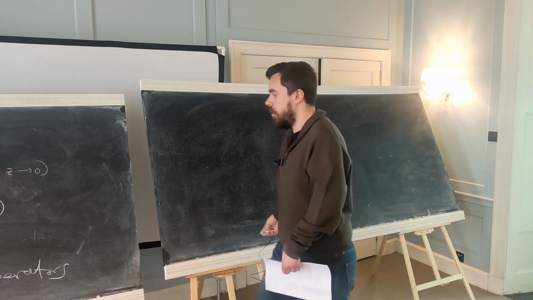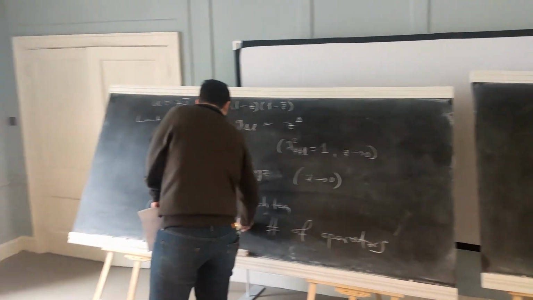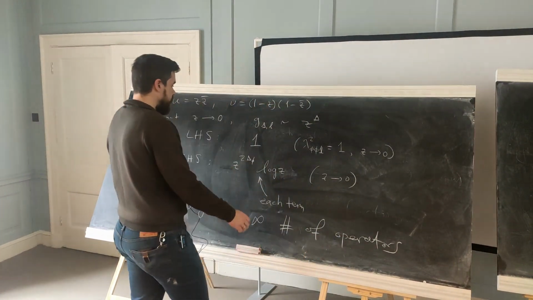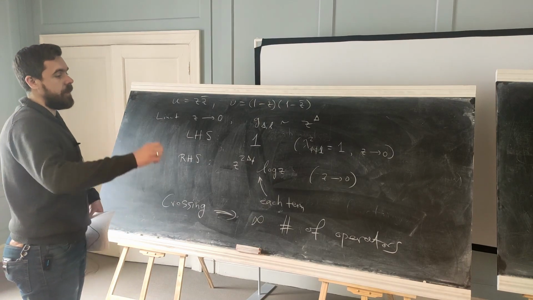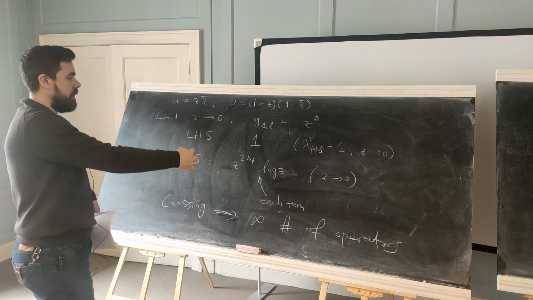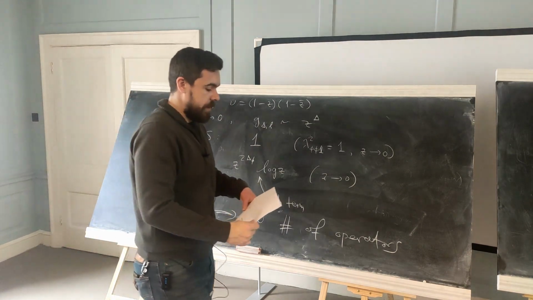And by the way, with a more careful analysis of this, you find that the operators you need have large dimension. So it's the large delta operators that you need to be infinite in number to reproduce this one. Of course, I didn't prove this, but with a more careful analysis, you can show this.